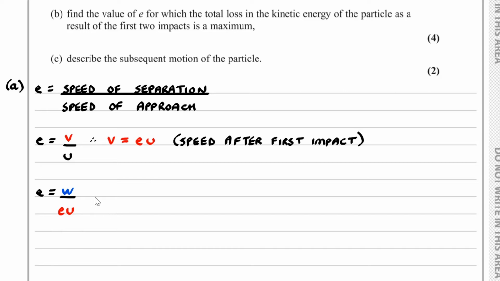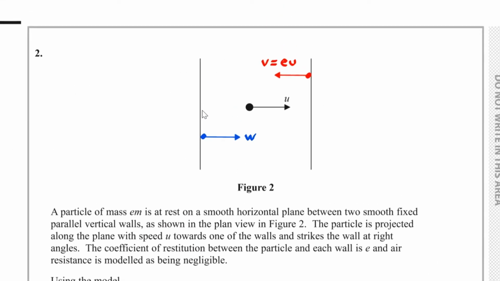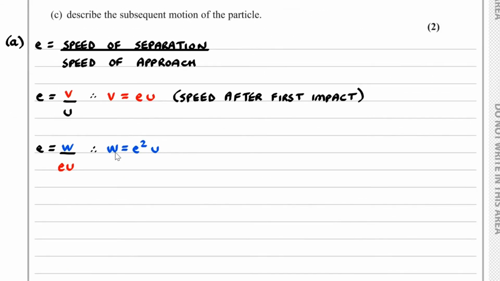And so therefore we can conclude w is equal to e lots of eu, which is e squared u. So it rebounds off this wall with speed e squared u. And so what is w equals e squared u representing? Well, it's representing the speed after the second impact.